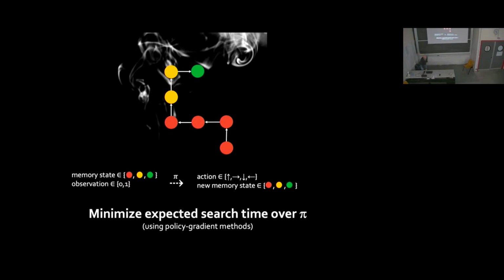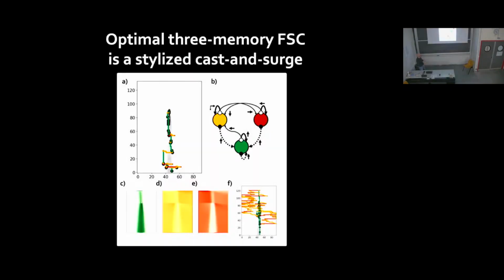This is a single slide which has a lot of information, but I hope I can walk you through it. This is the optimal 3-memory finite-state controller for the olfactory search task. This is what emerges from optimization. So what are these 3 states doing? The green state basically always goes up, and it goes into itself quite a lot, and with a small probability can transition to the yellow state.